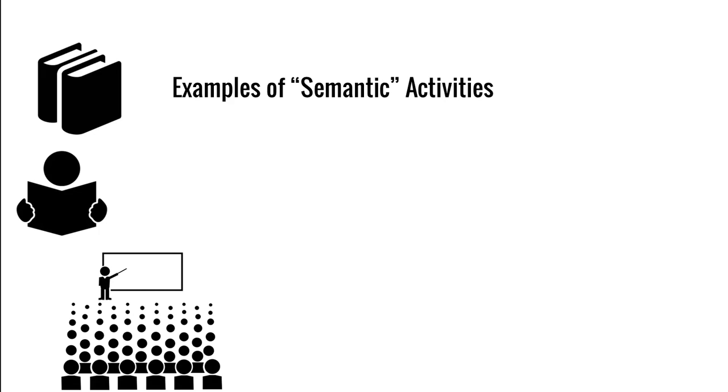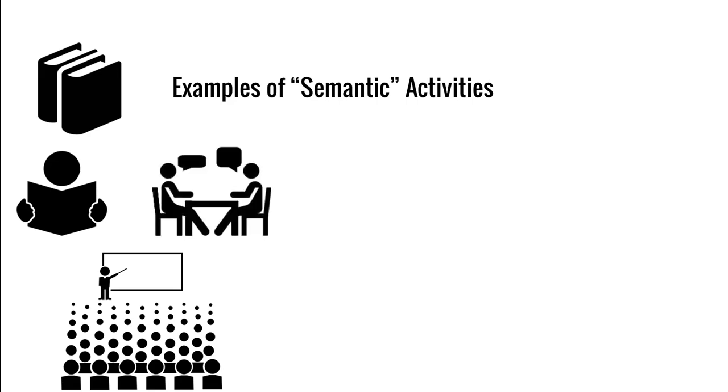Let's start with semantic. Examples of semantic activities include some of the following. So imagine that you're studying in a traditional environment. You need to read, listen, and take standardized tests, maybe like TOEFL IBT or other ones for your industry. Semantic activities also include talking to people, having conversations, sharing your ideas, and listening to somebody else.